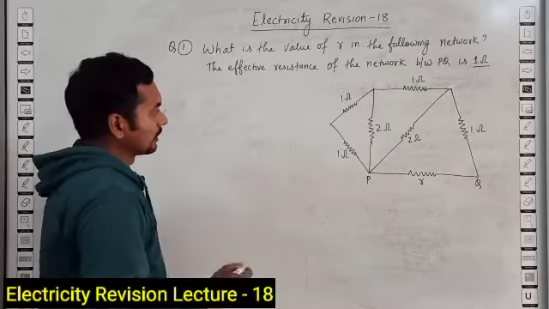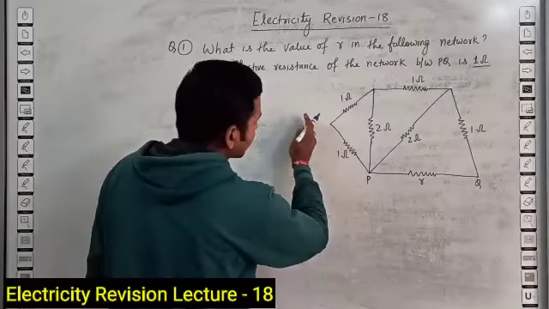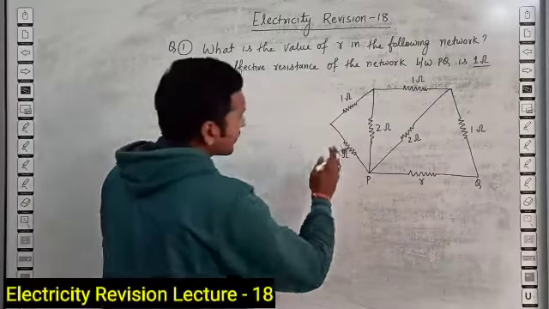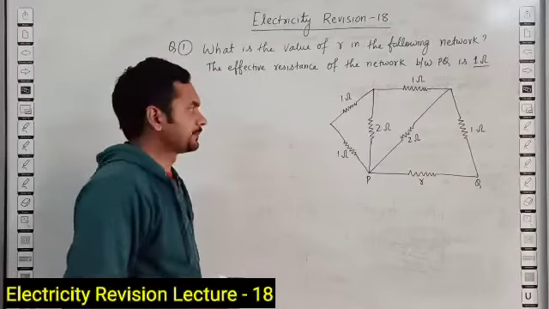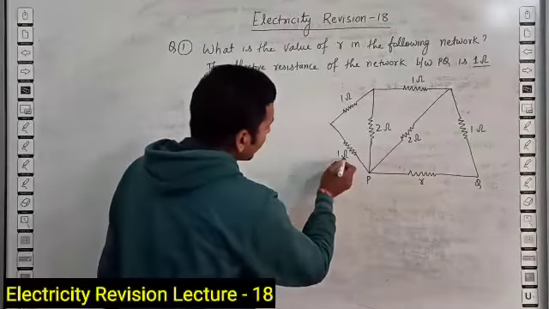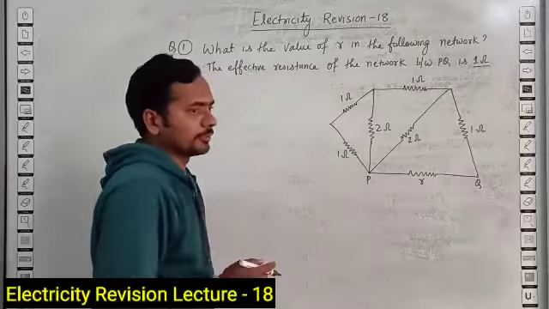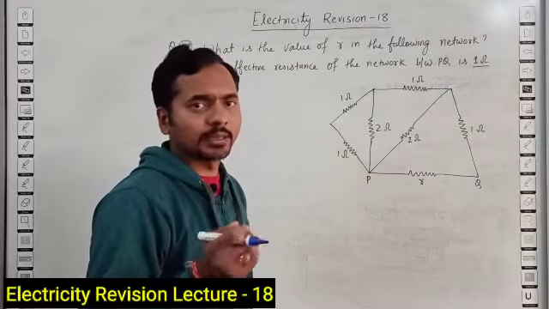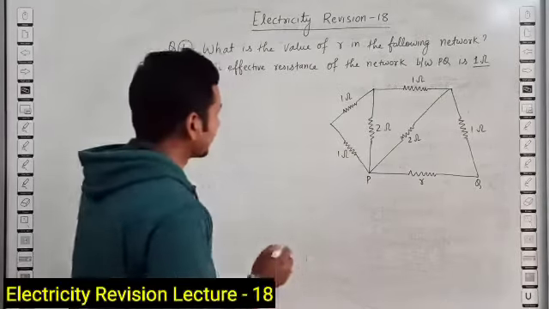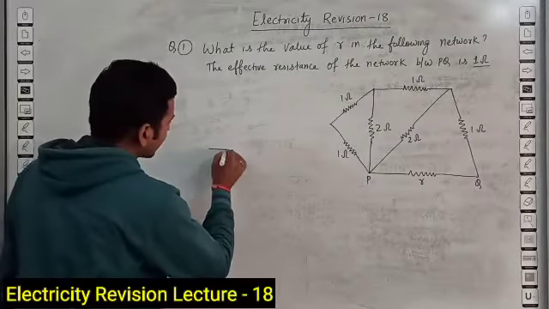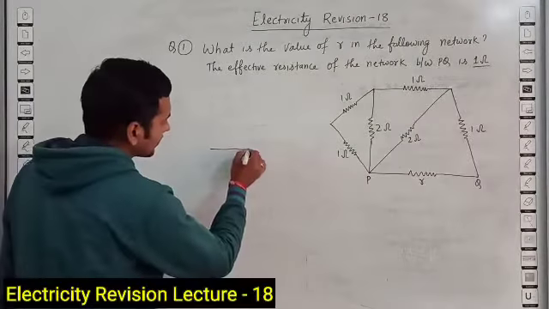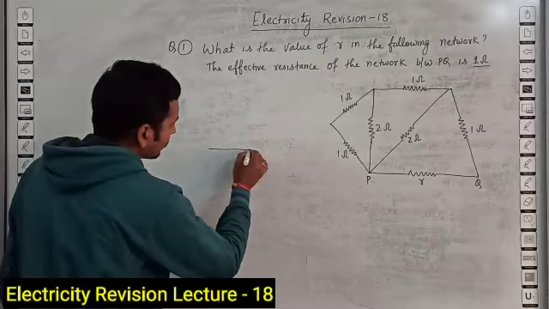First of all, just start from the left side. So 1 ohm and 1 ohm. Already we have studied the parallel combination. What is parallel combination? Suppose this is a line, this is a wire.